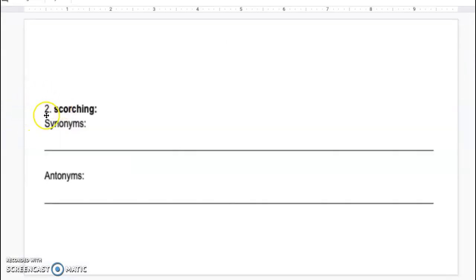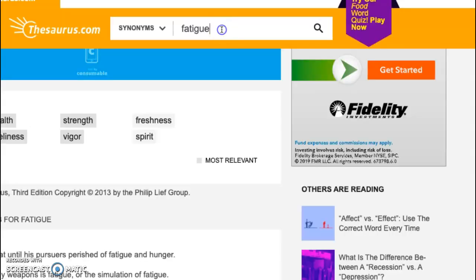Number 2, our word is scorching. I bet a lot of you know what scorching means, and you can think of some synonyms or some words that mean the same thing. But let's go ahead and use the thesaurus anyway. So, again, we're going to go to www.thesaurus.com. You're probably already there. I'm going to type in scorching.